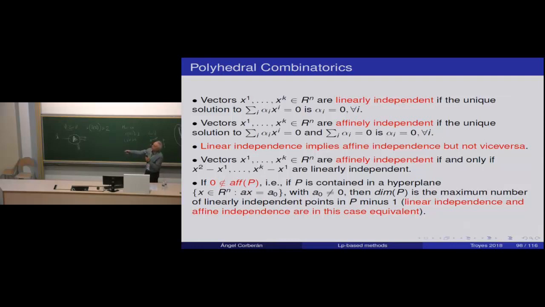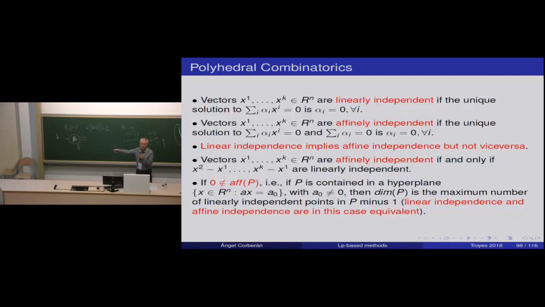You know that we say that a set of vectors are linearly independent if the only solution to a linear combination of them being zero is all the coefficients equal to 0. What does affinely independent mean? Affinely independent means that the unique solution to this linear combination, with the condition that the sum of the coefficients be 0, is that all coefficients are 0.